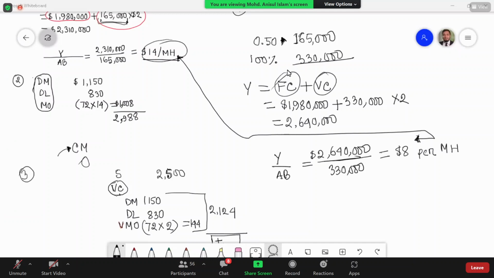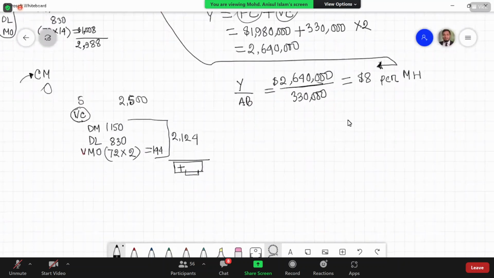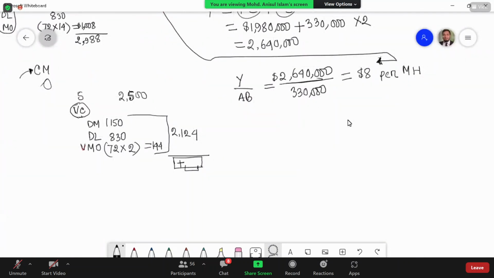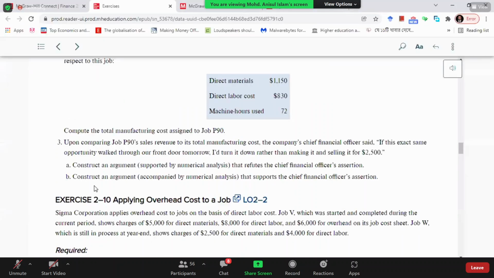Okay, now let's revise our total manufacturing cost using this overhead. So our direct materials will remain the same. Again, I'm trying to remind you, we are trying to make an argument based on some numerical analysis which will support the chief financial officer's assertion. What is his assertion?